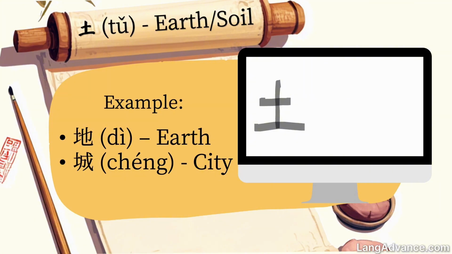So this is 土 in its normal form. But when we are talking about the radical, you see, we will shrink it, and instead of the long ending line, it will turn into a rising stroke.